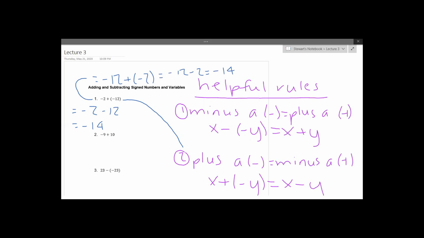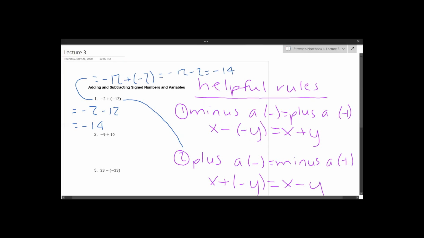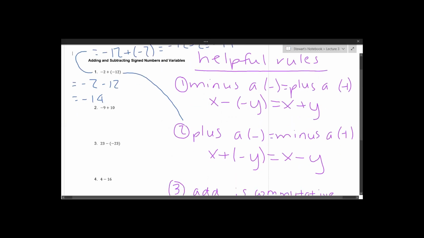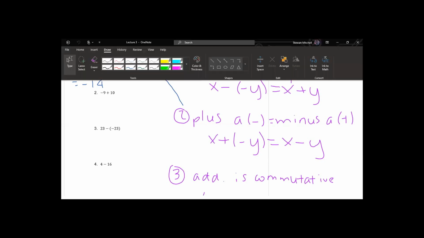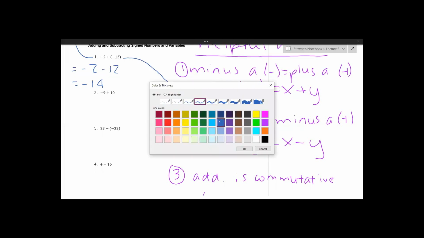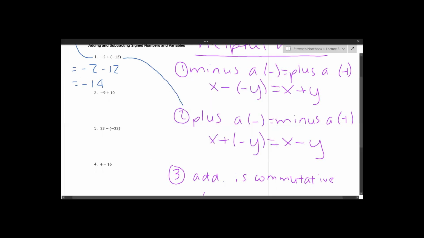It's just whatever you prefer. But I definitely think it's helpful to do whatever you can to get rid of the double operation in between the numbers, because that can be kind of confusing. It's not a great thing to have.